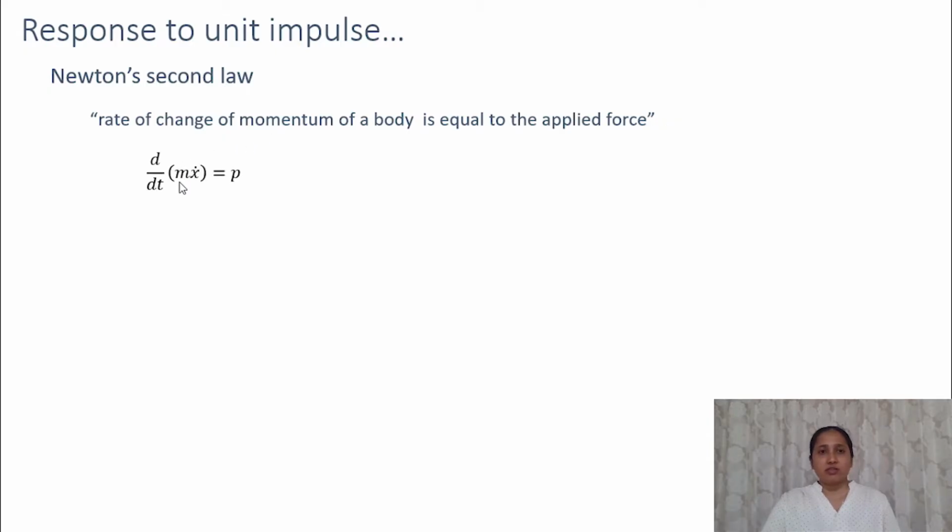Momentum is mass times velocity, so d by dt of momentum will be equal to the applied force. This is Newton's second law. If the mass is constant with respect to time, we can write this as mass times acceleration. So the force will be equal to mass times acceleration.